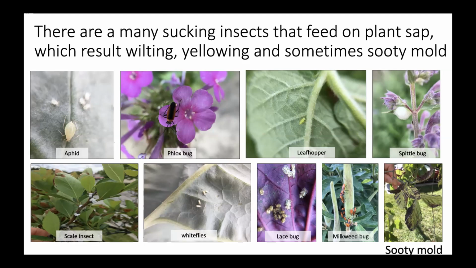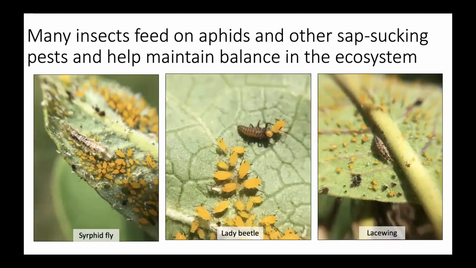They're just stuck there sucking on the sap, but they can cause a lot of damage over time. White flies can be found in greenhouses as well, then lace bugs and milkweed bugs. Some of these are more damaging than others, but these are all sucking type insects that may cause some of that damage. You won't see large holes, but you will see effects on the leaves.